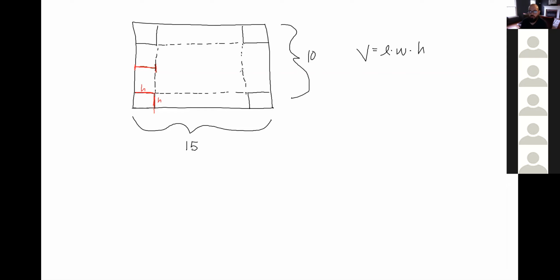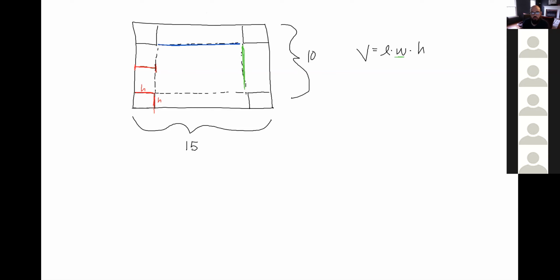Let's do this in colors. In blue, that will be my length, the length of my box. I now want to figure out what that is. And in green, this is going to be my width. So what is the blue and what is the green?